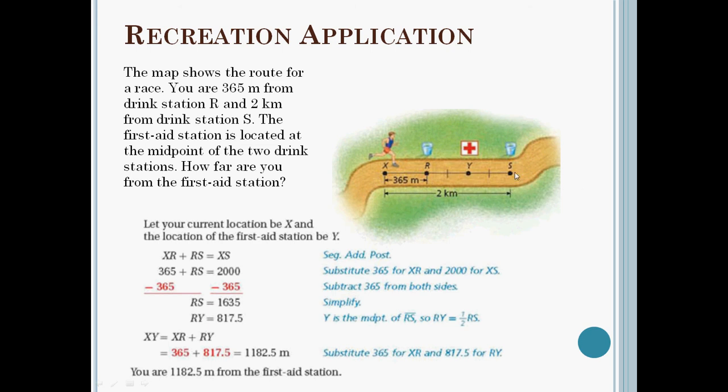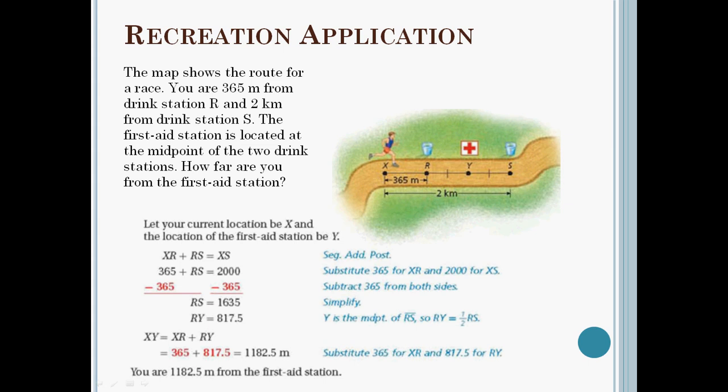So this whole segment is 1,635. We know that we only want to go halfway of that segment to the first aid station. So we divide this in half. 1,635 divided by 2 gives us 817.5 meters.